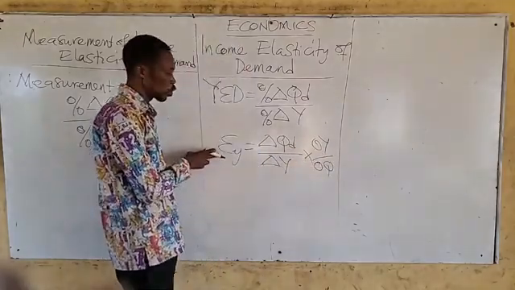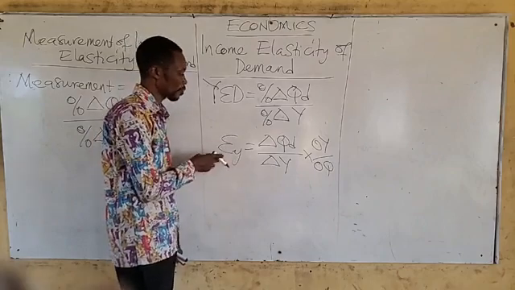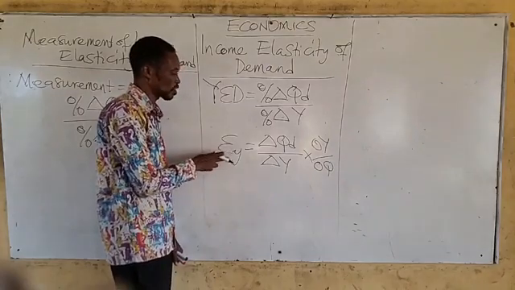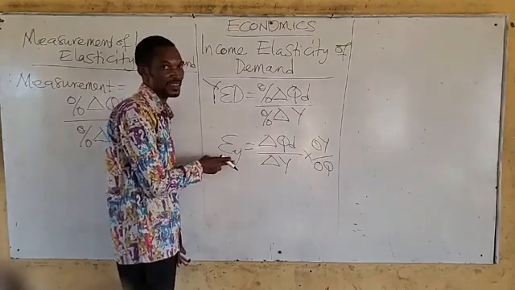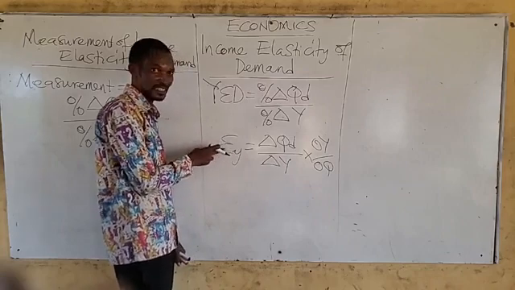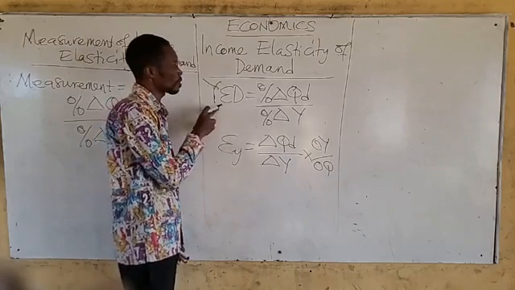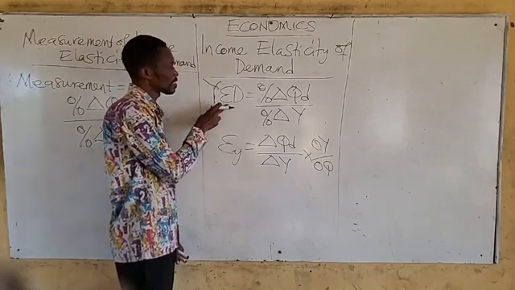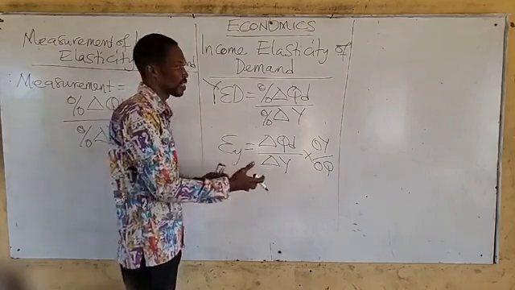I deliberately wrote this EY to tell you that another teacher may write income elasticity of demand as EY, E subscript Y, to mean income elasticity. This E represents elasticity, and the Y represents income. They are all the same thing. So this is how we measure it.